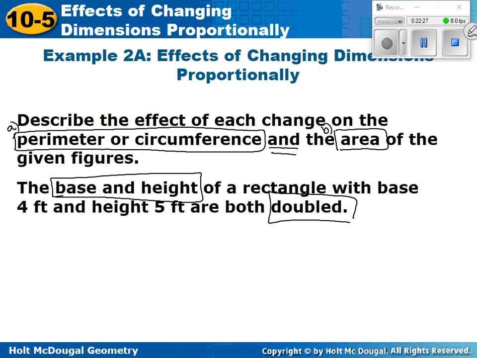So my answer here would be the perimeter is multiplied by, what is it multiplied by? 2. So when we doubled both dimensions, it had the same impact on the perimeter, but it was twice that on the area.